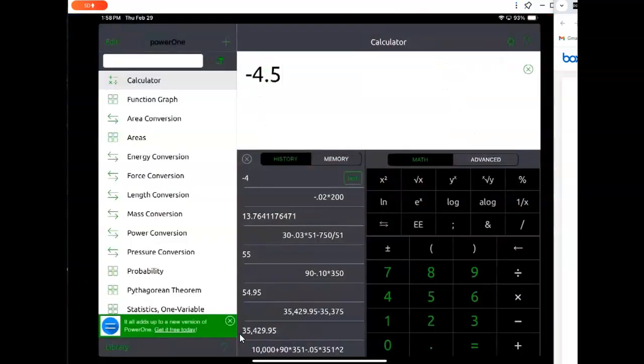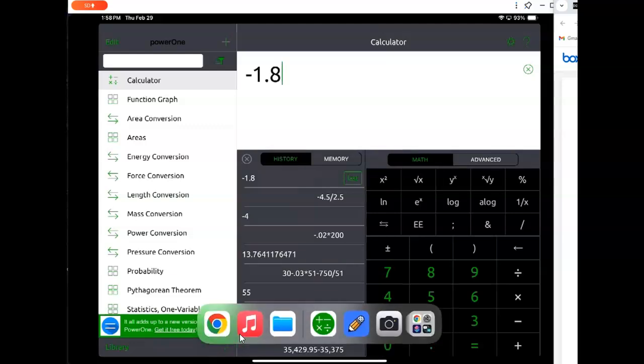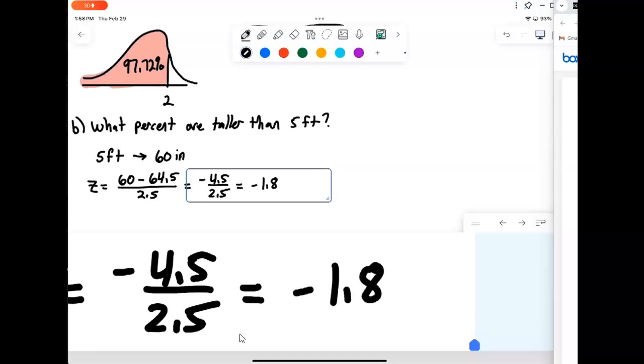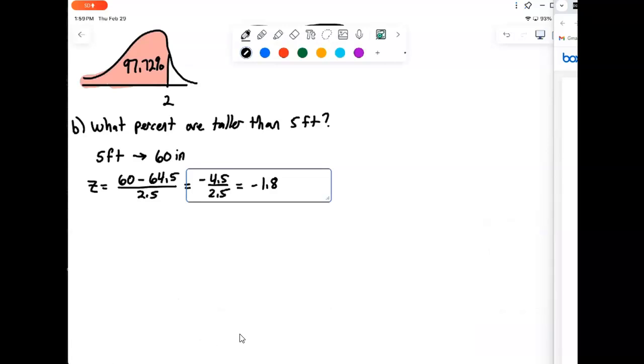We actually get negative 1.8. So we want the percent that are taller than 5 foot. 5 foot corresponds to 60 inches, and 60 inches corresponds to a z-score of negative 1.8. So the next step is we go up to our chart and look up a z-value of negative 1.8.